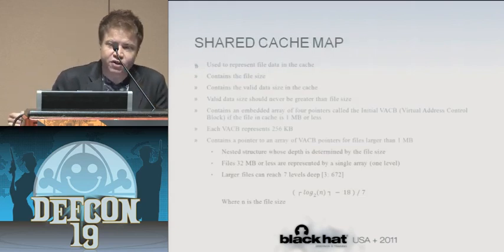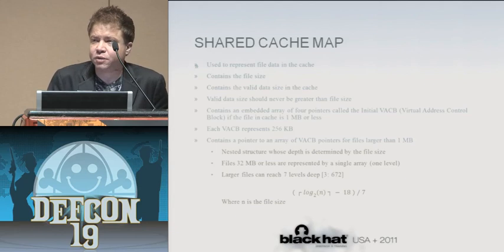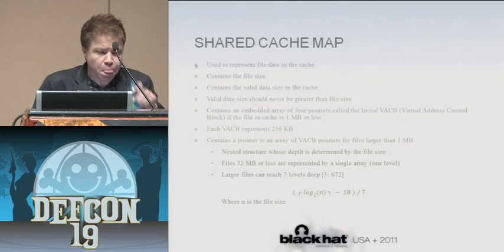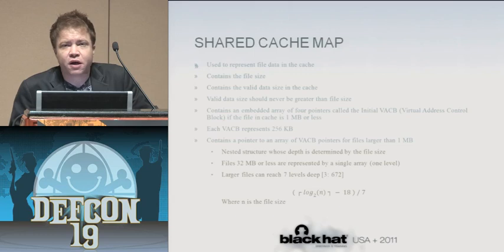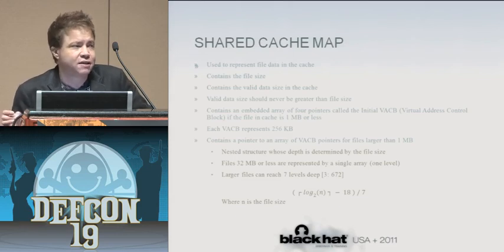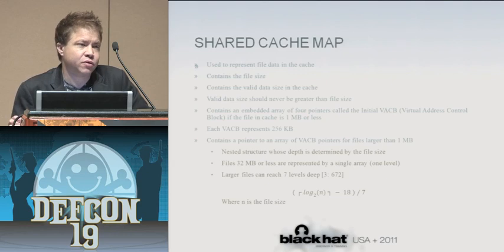So we've covered image section objects and we've covered data section objects. The last thing we'll touch on here is the shared cache map. So the shared cache map is used to represent the file data in the cache. So if all other bets are off, if you don't have an image section object, you don't have a data section object, then you should go parse the cache structures in order to get as much data as is available.